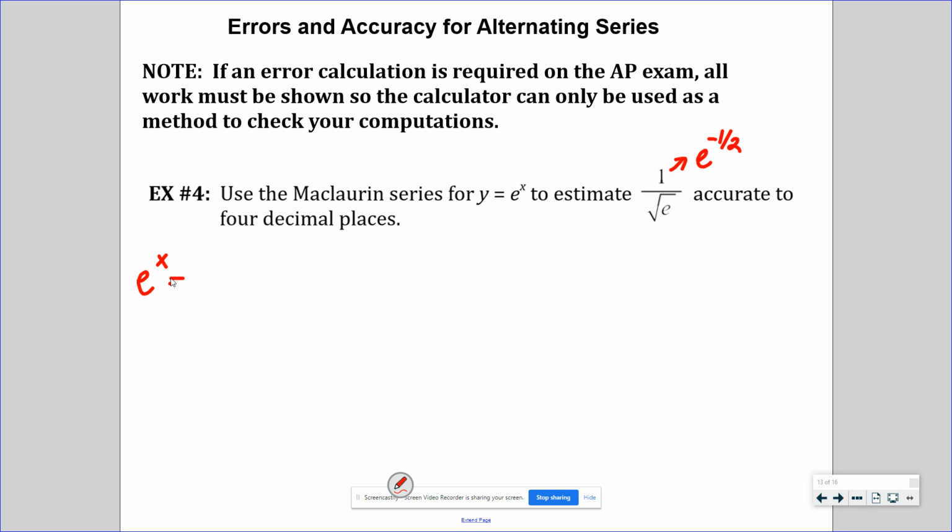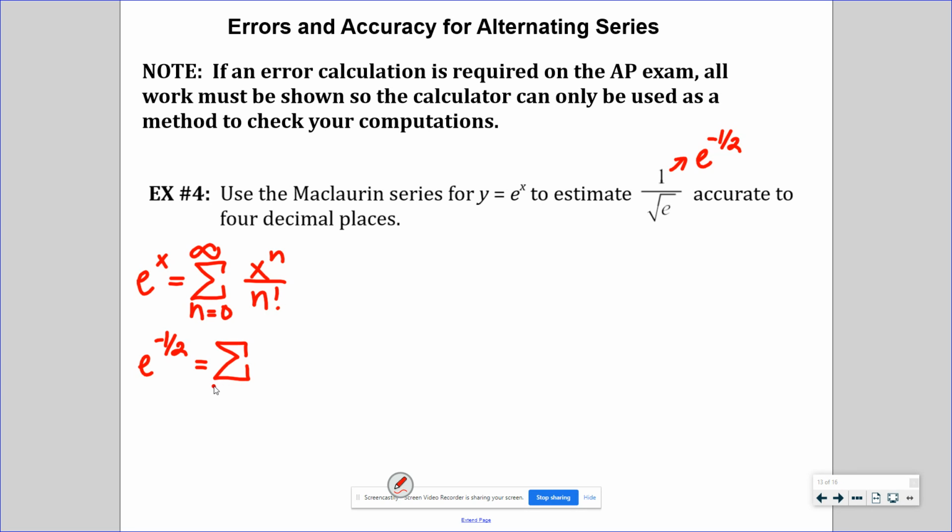Now, a while ago, I told you guys that it's probably smart to memorize some of the more common Taylor and Maclaurin series, like e to the x, sine and cosine, and ln. And this is an exact, perfect example of why we want to memorize those. I'm supposed to be analyzing e to the x, and if we know the formula, we're going to manipulate it a bit to make it work for e to the negative 1/2 power.